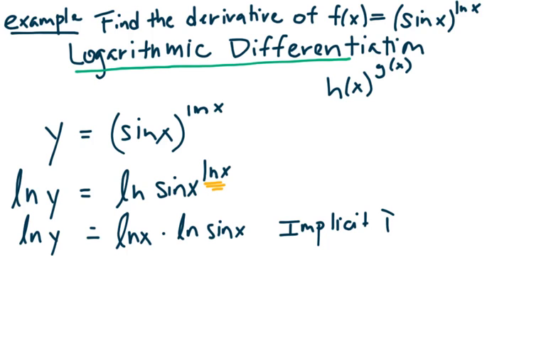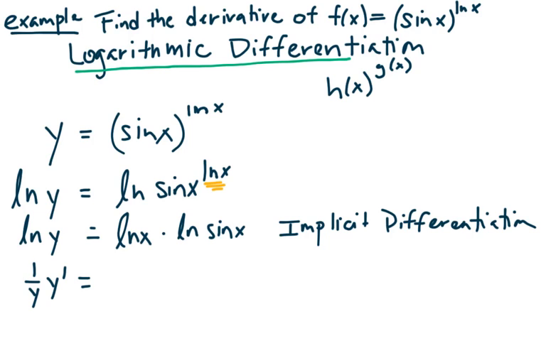So you can start to see how things really build. All the techniques that we've been learning in chapter 3 are combining to allow us to solve more complicated derivatives.